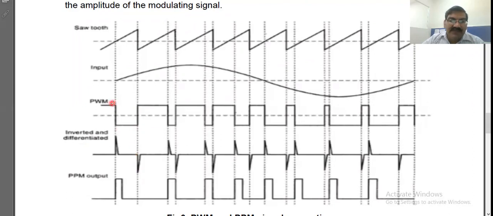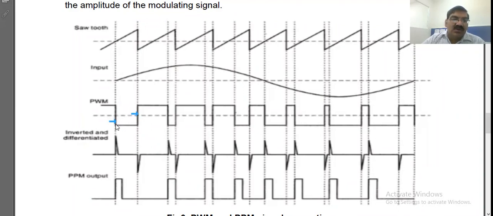You just see in what way. I'll put an arrow. Here it is going upward, and this is going downward.